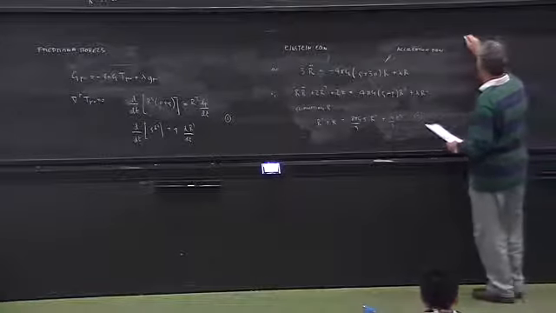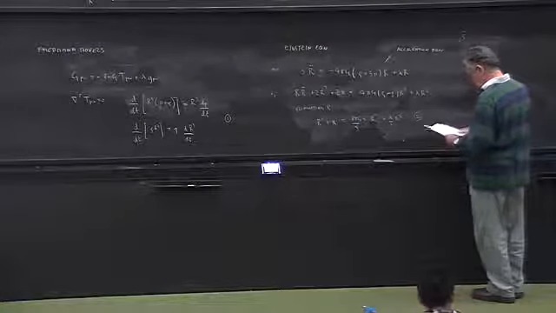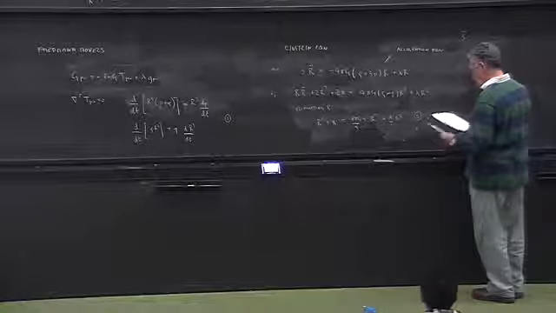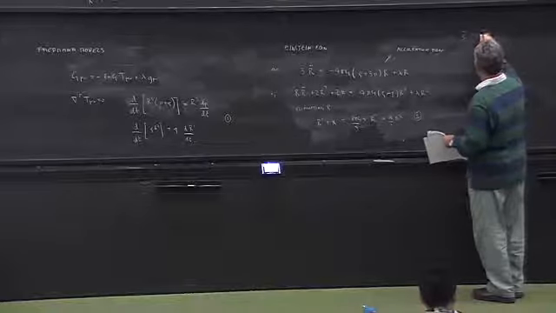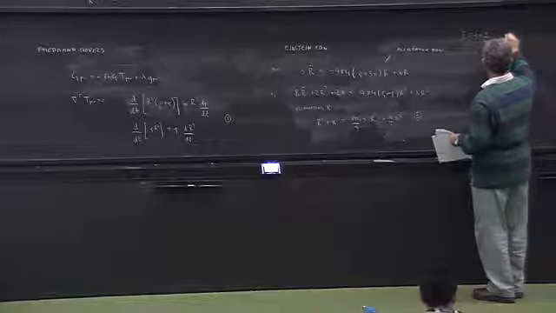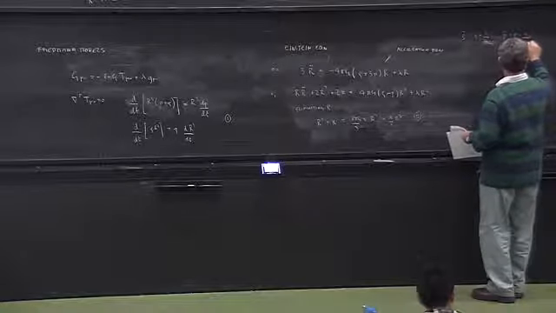I can define rho tilde to be rho plus lambda over 8 pi g, and p tilde to be p minus lambda over 8 pi g.